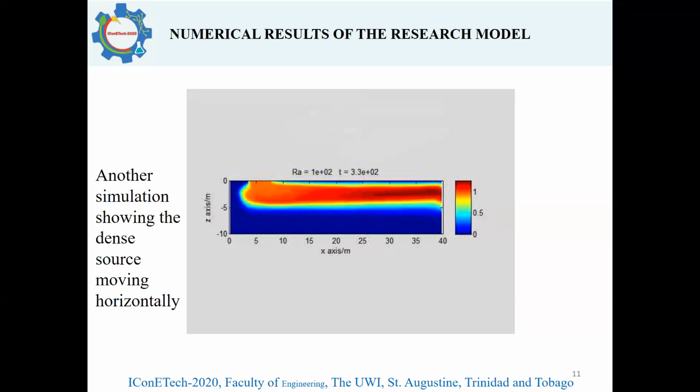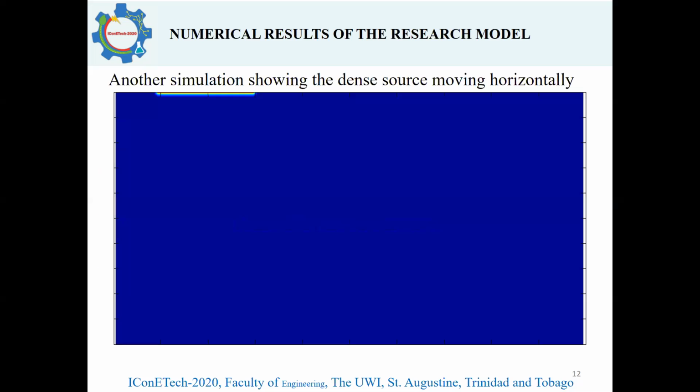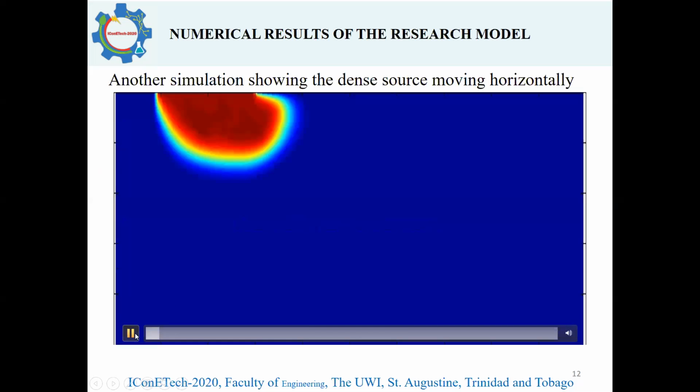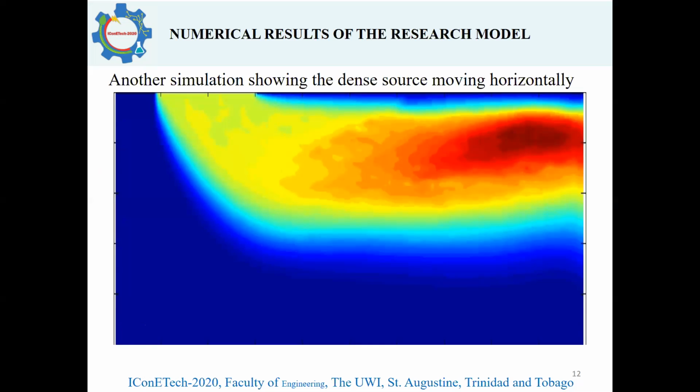So the model shows, or has the potential to show, that the oil can become suspended underwater. This was just another model doing the same thing, just at a faster rate. You can see it come in, and the oil is this patch going across.